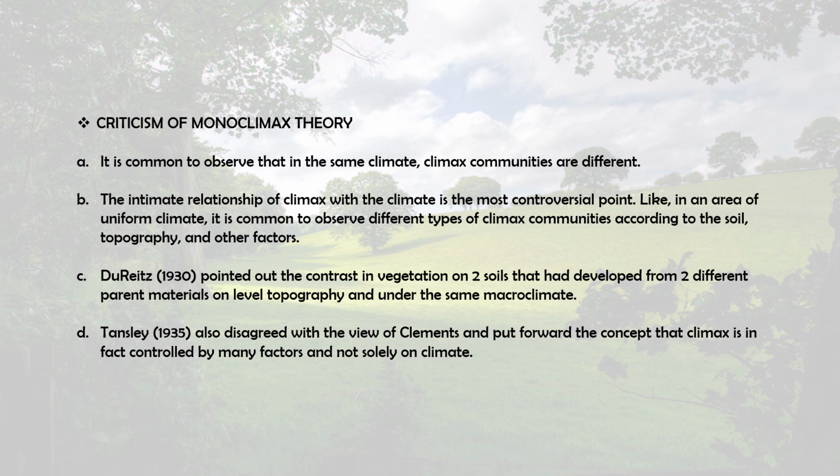There were also some criticisms of monoclimax theory. First one is that it is common to observe that in the same climate, climax communities are different. This actually depends upon their primary stages and their habitat characteristics.